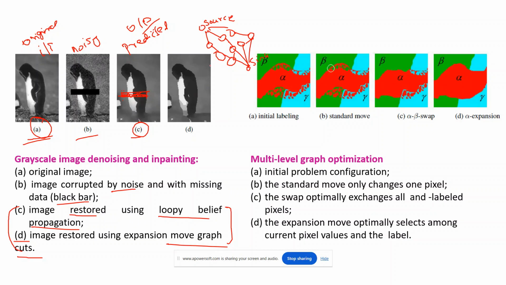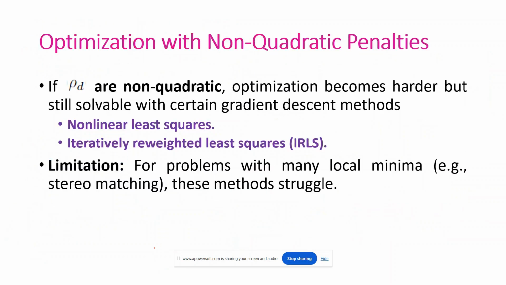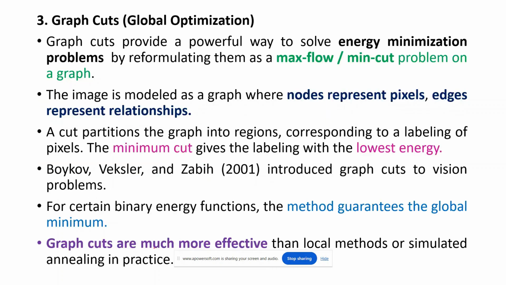If I want to separate foreground and background, I can simply disconnect the edges that are connected with the source node as well as the sink node. This may result in a separation of the image into foreground as well as background. Based on this concept, I can restore my image, which is known as graph cut. And these are the techniques discussed here.